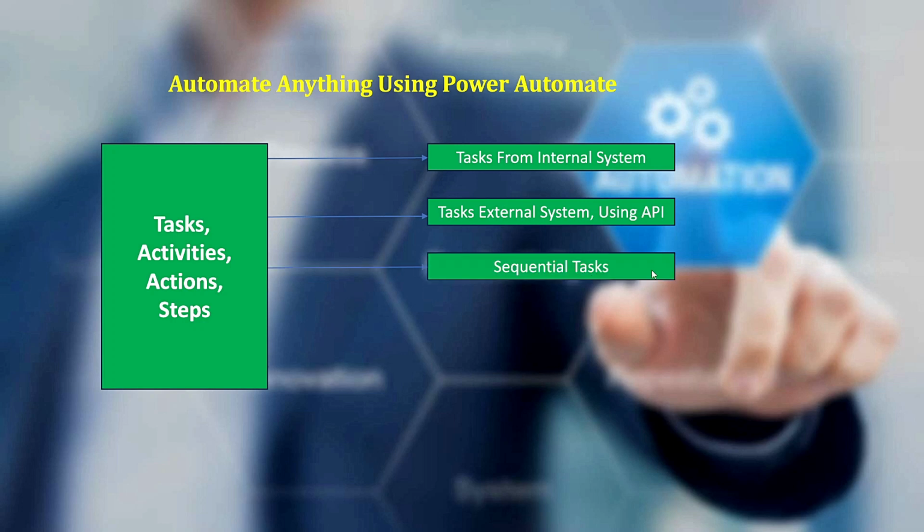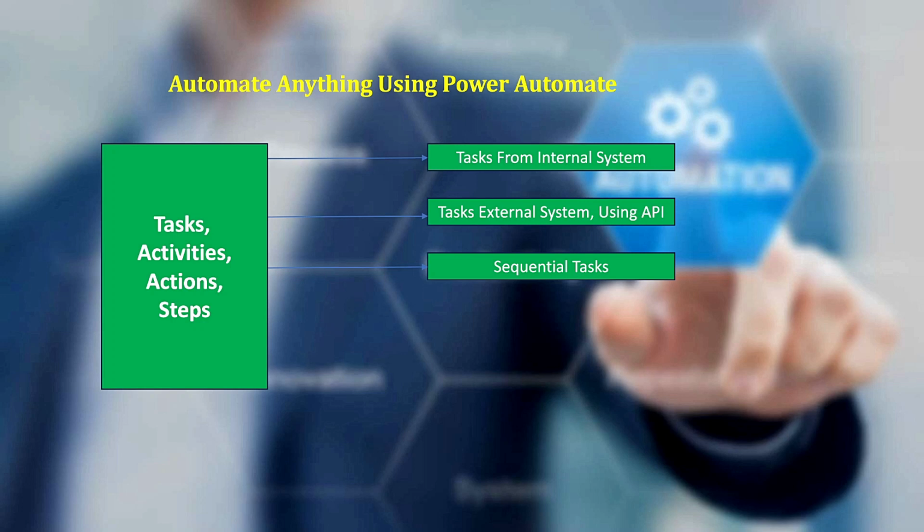The third thing is sequential tasks. For example, your employee has created a document and that document needs to be approved by your manager. That is what you can also automate using Power Automate. The document will be sent to your manager, your manager will get a notification, your manager will approve that document, and your employee will get a notification that the document is approved.